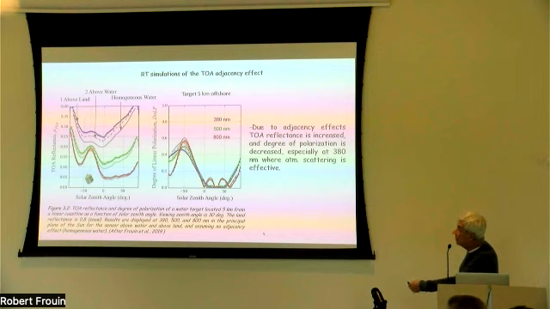So this is the simulation of the adjacency effect at the top of the atmosphere. You have the reflectance at the top of the atmosphere as a function of sun-zenith angle for a certain view geometry. And you have three sets of curves, one set at 380 nanometer, one at 500 nanometer, and one at 800 nanometer in red.